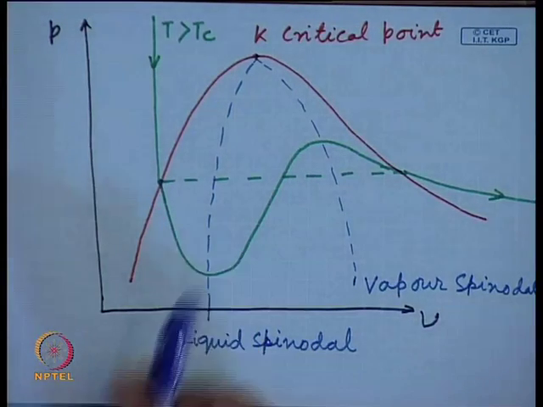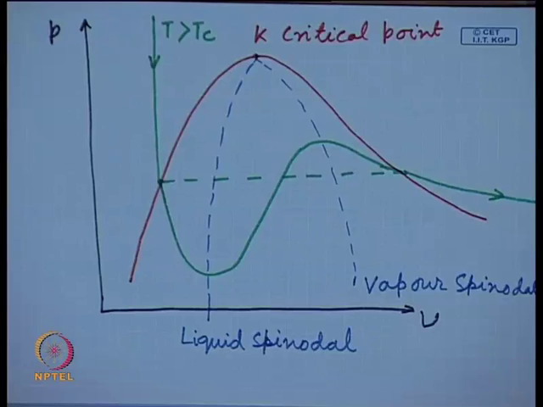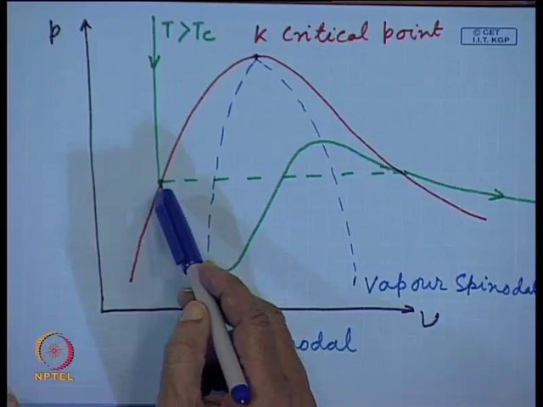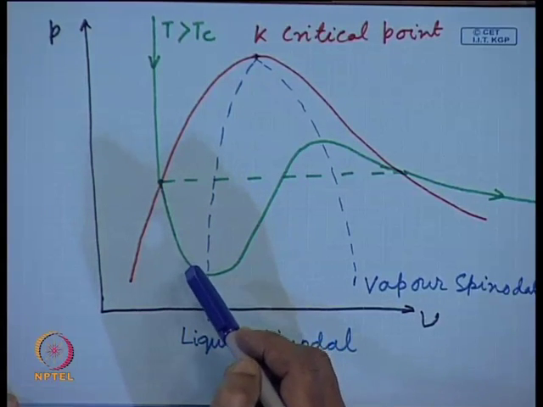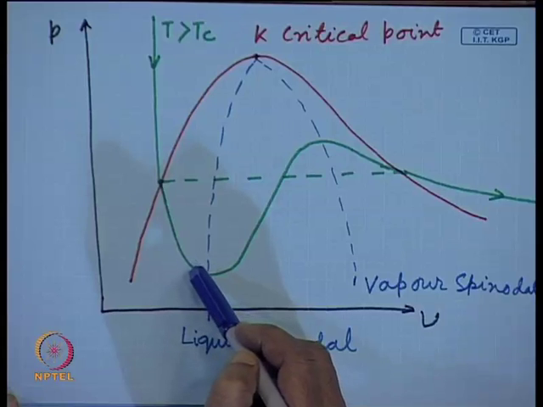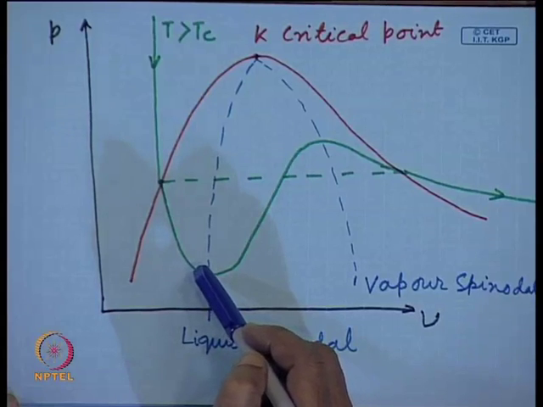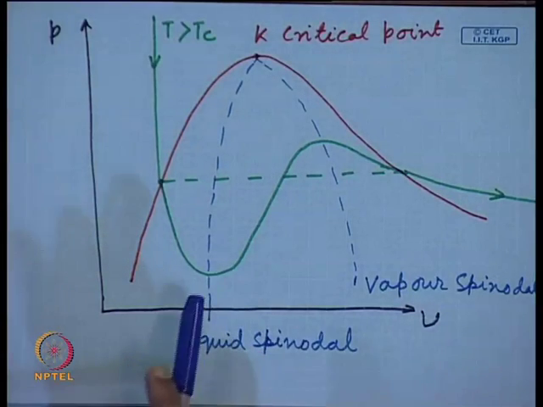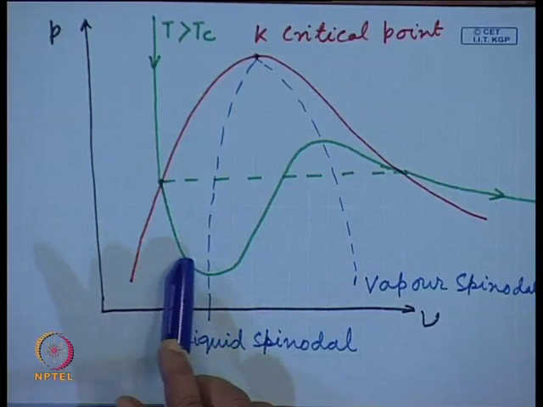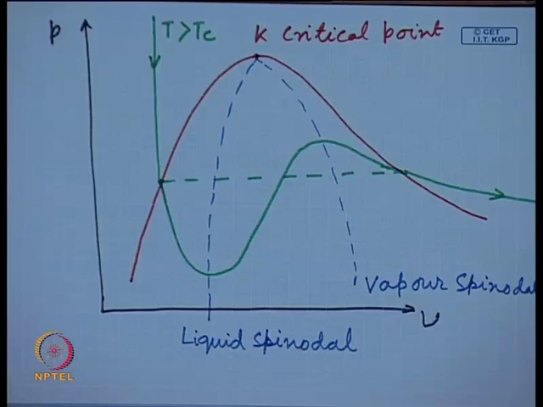Now, this degree of superheat is again related, as I have shown, to the radius of the vapor embryo. As the degree of superheat is reducing, the corresponding radius of the vapor embryo is also reducing. So, at some point it may come to the molecular dimension. Now, some sort of thermal agitation is always there in the metastable state of the liquid.